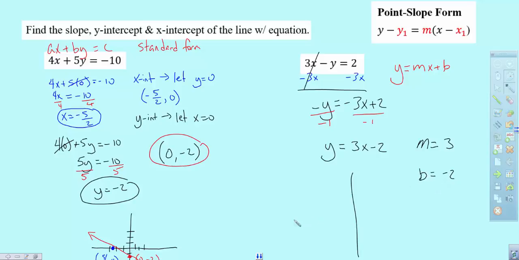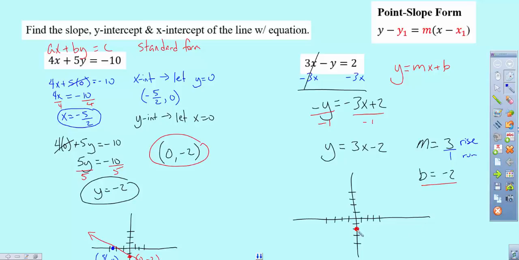So we can very quickly draw a graph of this. I can come down here and say, okay, my y-intercept is at negative 2. My slope, remember, is rise over run, so that's my rise, and this is my run.